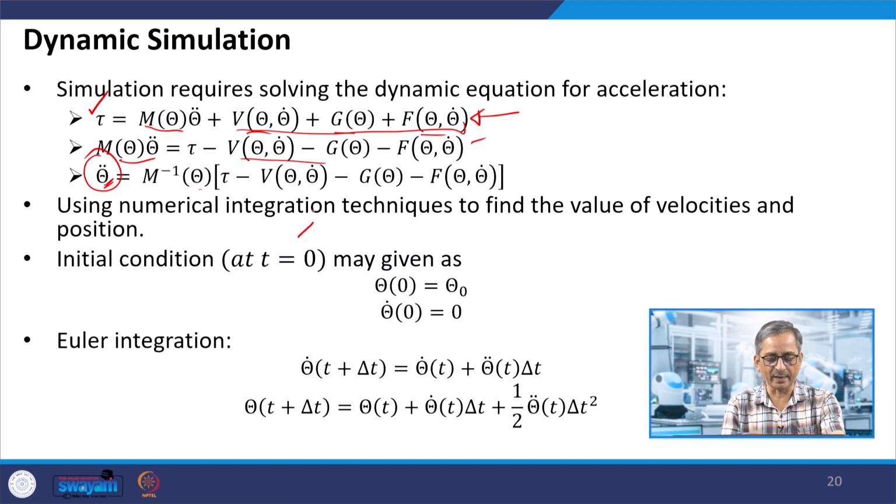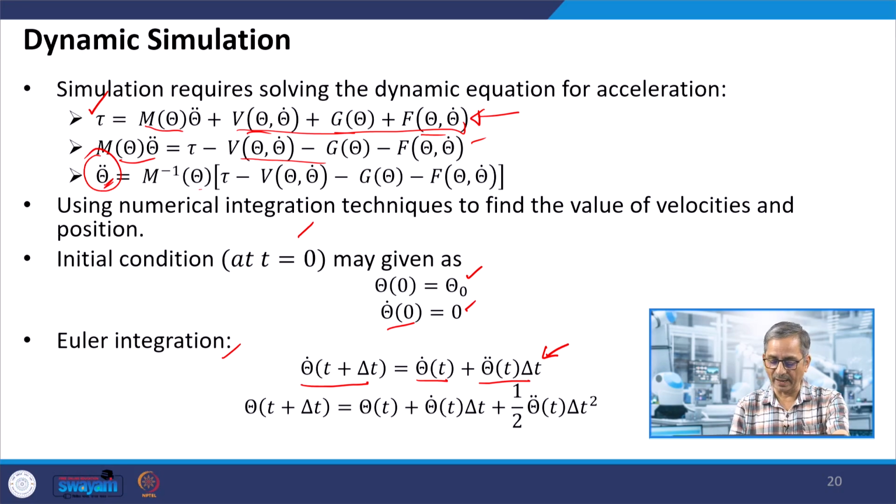Say at t equal to 0, theta is theta 0, and theta dot at time 0 is say 0. I can carry out Euler integration here. So theta dot at t plus delta t is theta dot at t plus the multiplication of acceleration with the time increment.